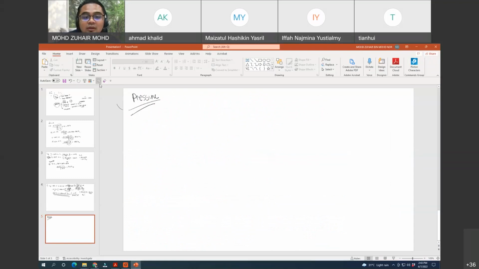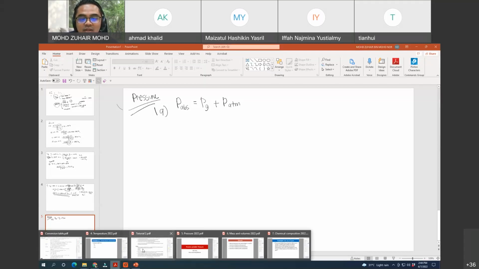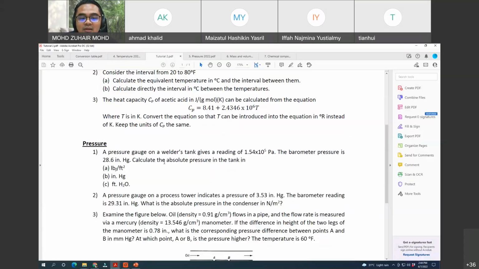Okay. So this one, A. P absolute pressure is equal to P gauge plus P atmospheric pressure. So what we need to do is to change. Okay, for the first question, this is already in Pascal.